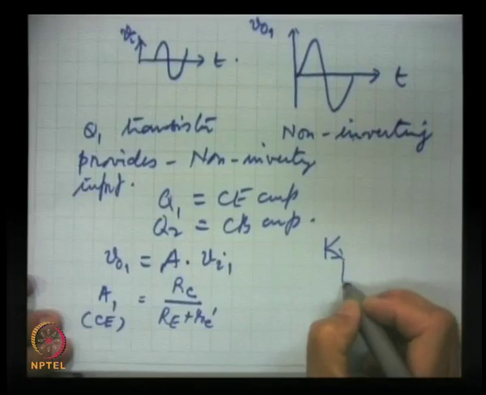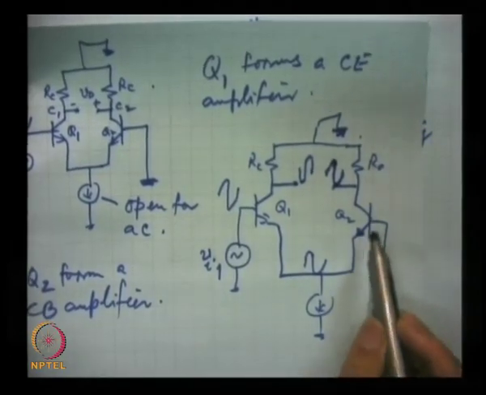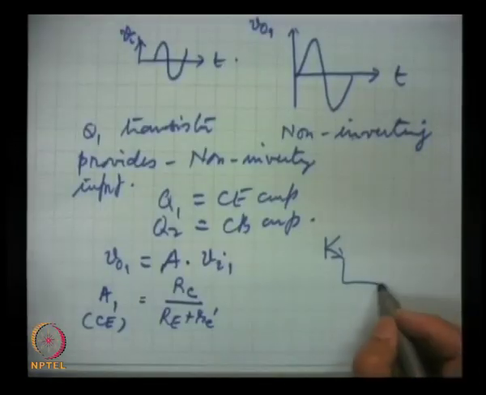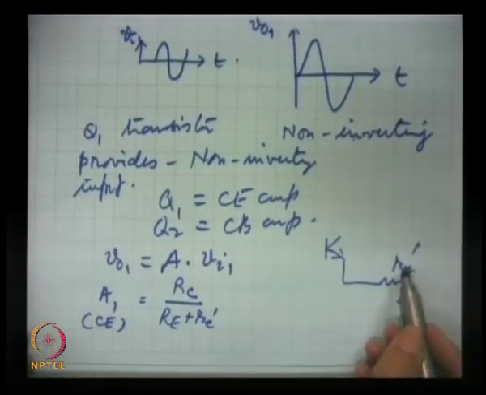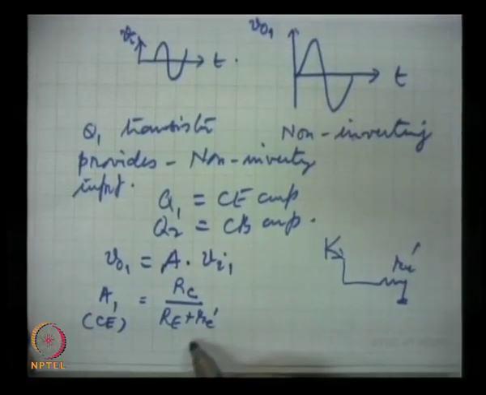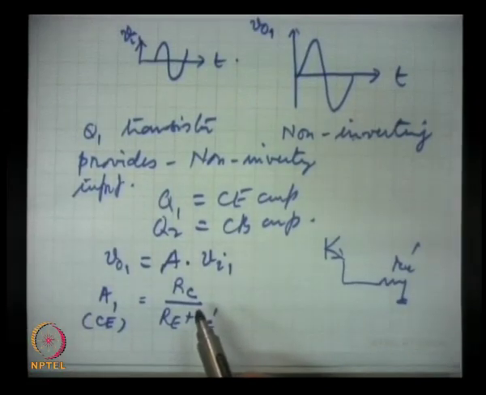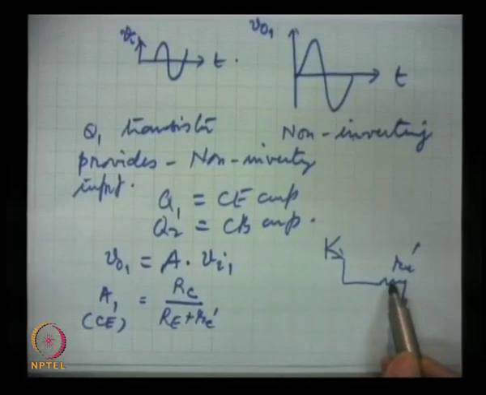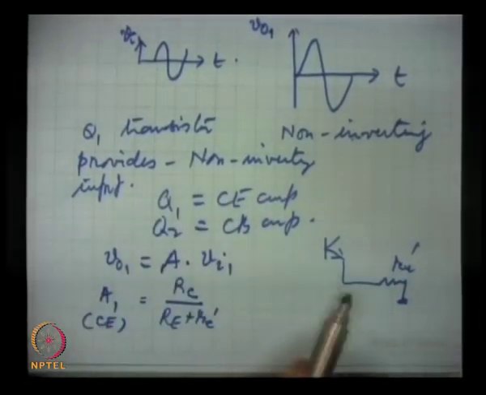Here, the signal is going to the emitter and hence this will act as re prime, where re prime is the dynamic emitter resistance, that is, the dynamic AC resistance of the emitter junction. Here this will come for Q2, but the two transistors are identical, hence they are the same.